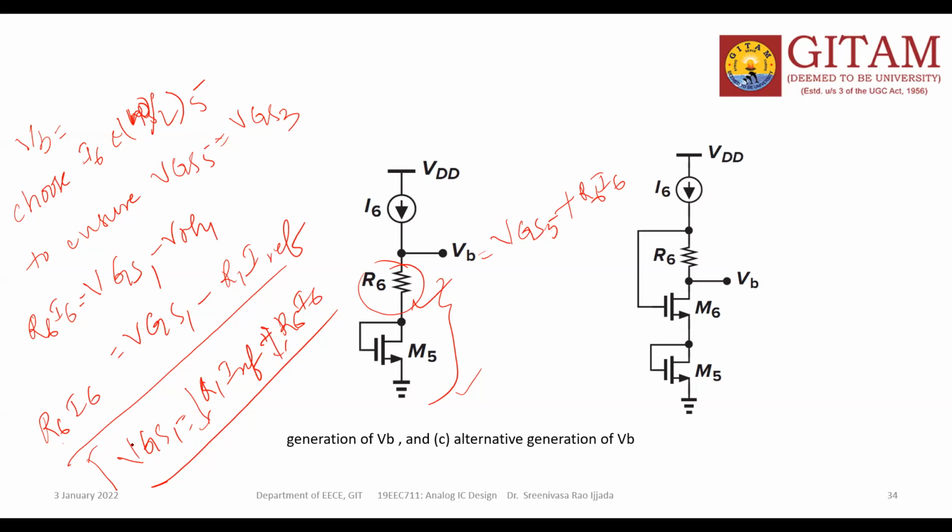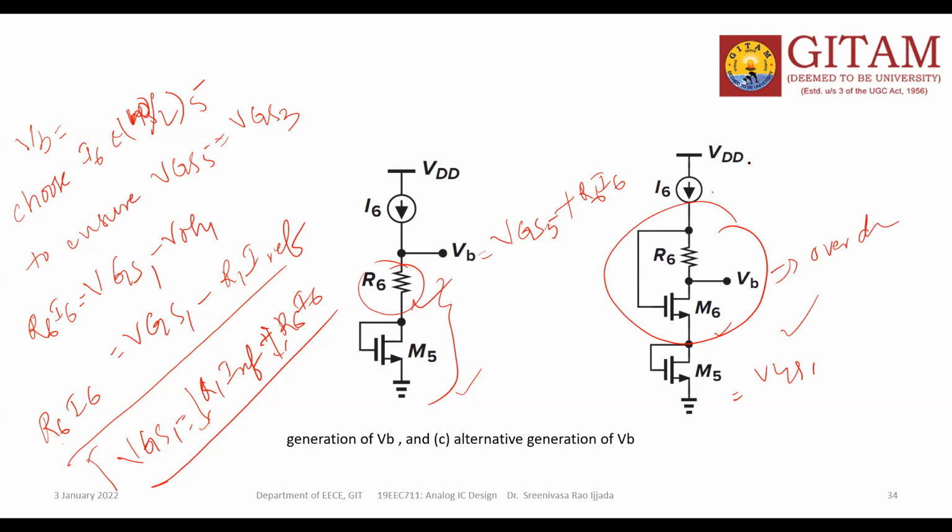So take this picture, with a small modification, not to delay this. M1, and take one more transistor and connect it like this. This is one more configuration. With this configuration, M5 establishes the VGS1, and M6 and R6 give the overdrive.